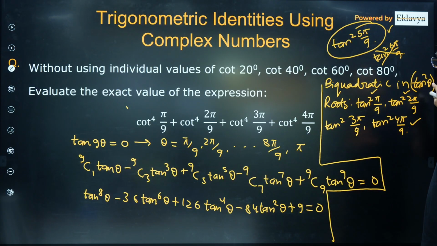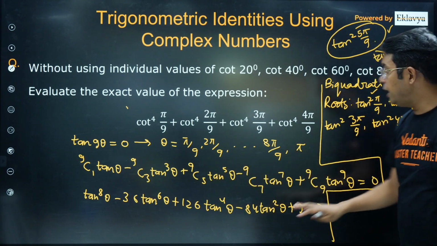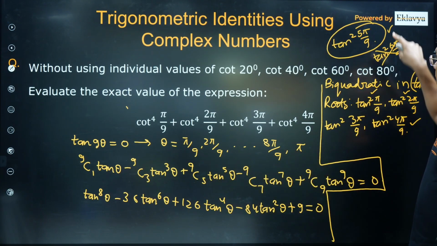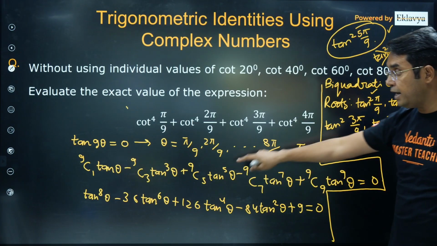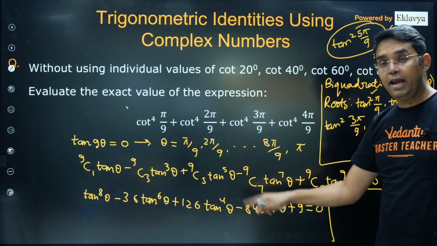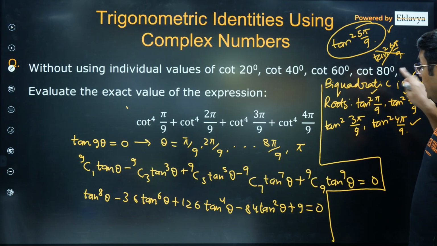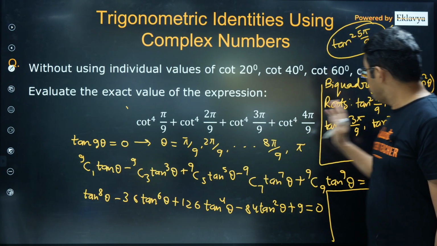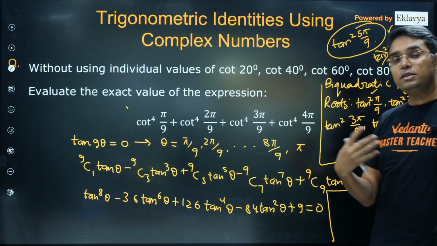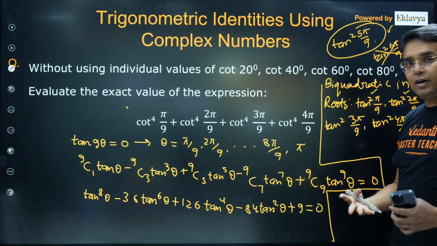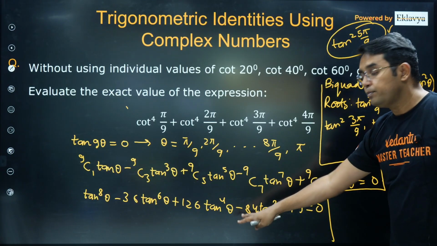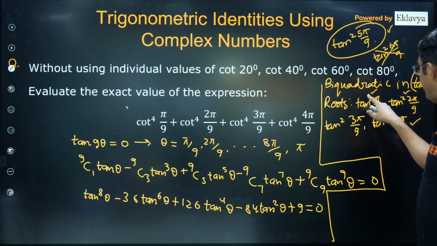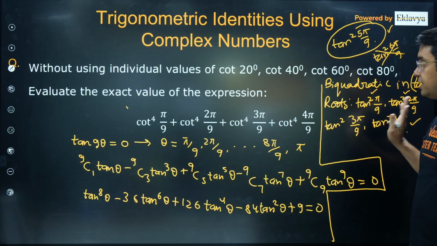But if you are considering it as a polynomial in tan square theta, this has to have only these 4 roots. The other roots which would have been there if it's a polynomial of degree 8, they will be actually having negative value of these 4, but after doing the squaring they have same values. So the roots of this polynomial of 4 degree will be this only. I hope you understand what I'm saying.